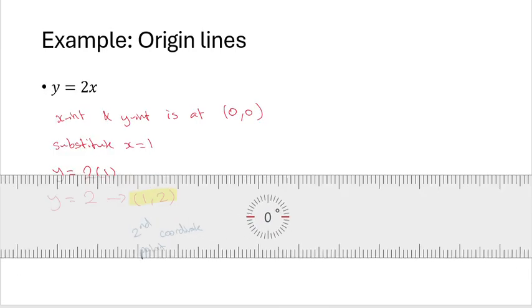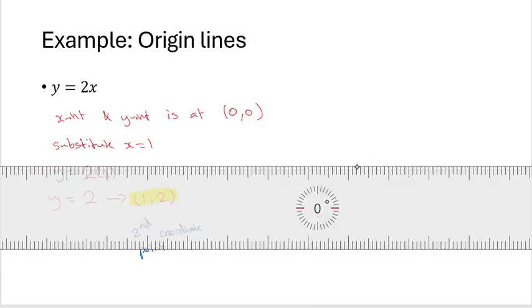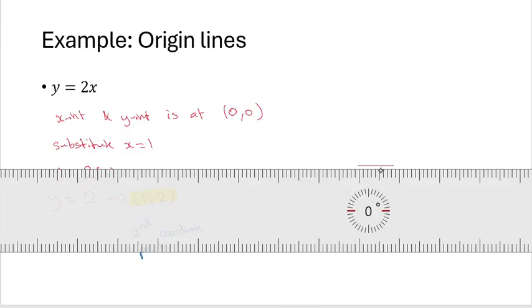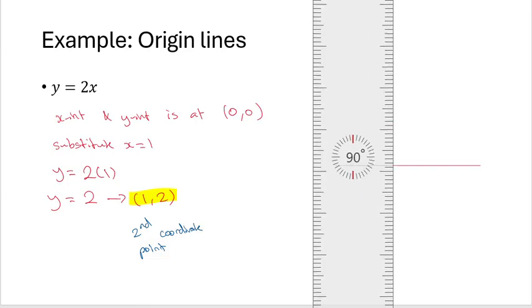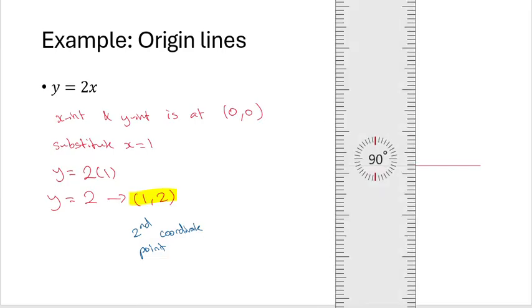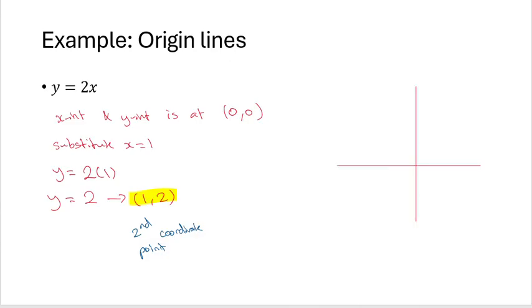Let's just draw a line, okay? It's a bit weird, but we'll get around it. So let's just label our x and y axis.